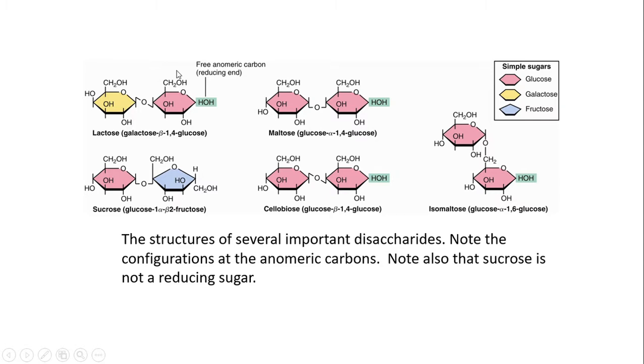Lactose occurs naturally only in milk. Its concentration ranges between 0 and 7%, and it is composed of a residue of beta-D-galactose and D-glucose. And when we look at this notation, galactose beta 1,4 glucose, the linkage is between carbon 1 on galactose and carbon 4 on glucose.